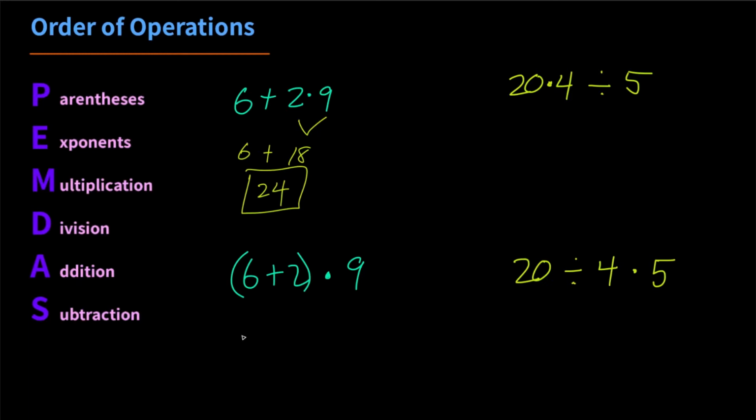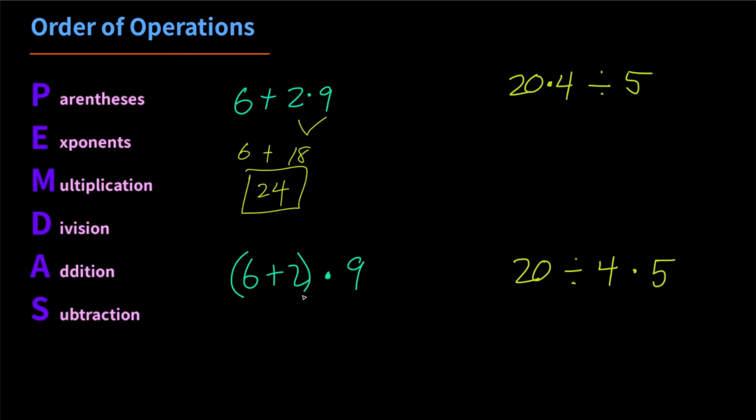If we move to this next problem, we see we have the same numbers and the same operations, but we notice that we have parentheses around the 6 plus 2. So that may change our answer a bit. Using the order of operations, we start with parentheses and solve them first.